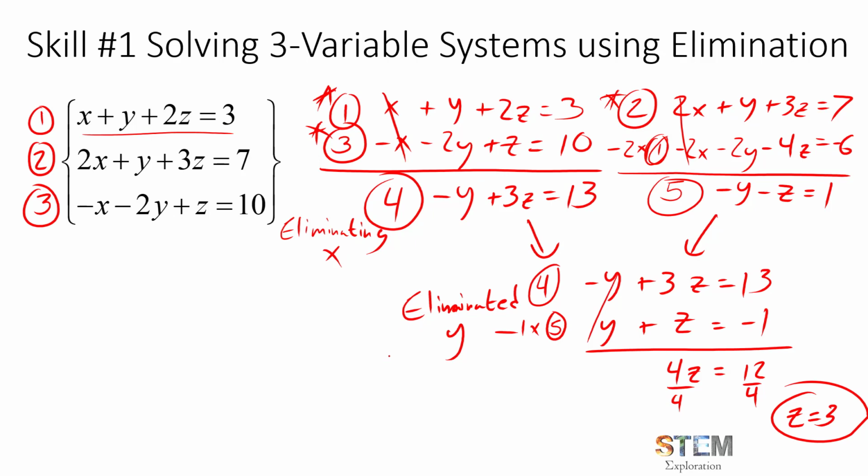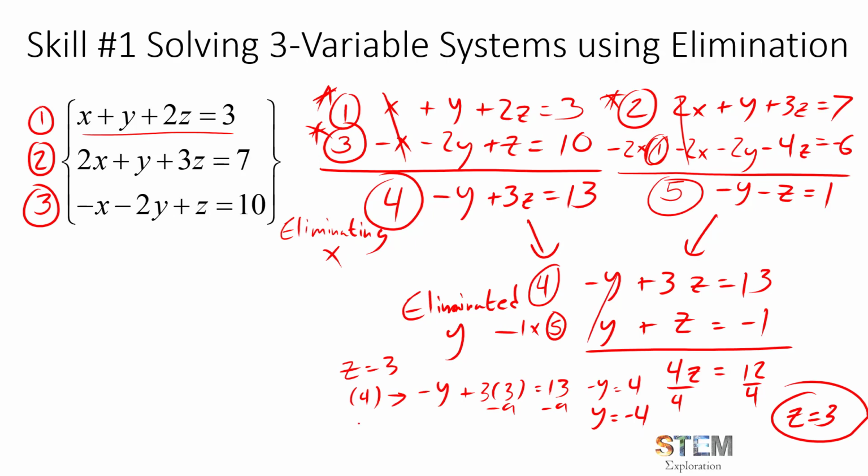All right, so if we plug z equals 3 into equation 4, let's just test this out and see what this looks like. This would give me negative y plus 3 times 3 is equal to 13. All right, subtract 9 from both sides. That's going to give me negative y equals 4. So y is going to equal negative 4 in this given circumstance.